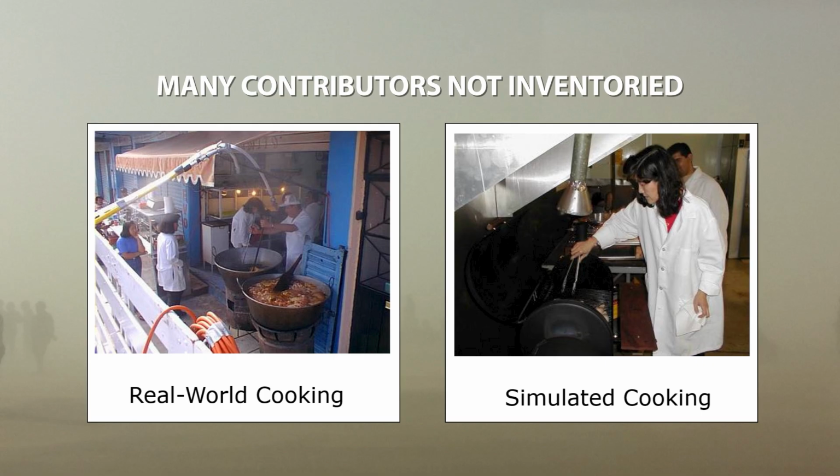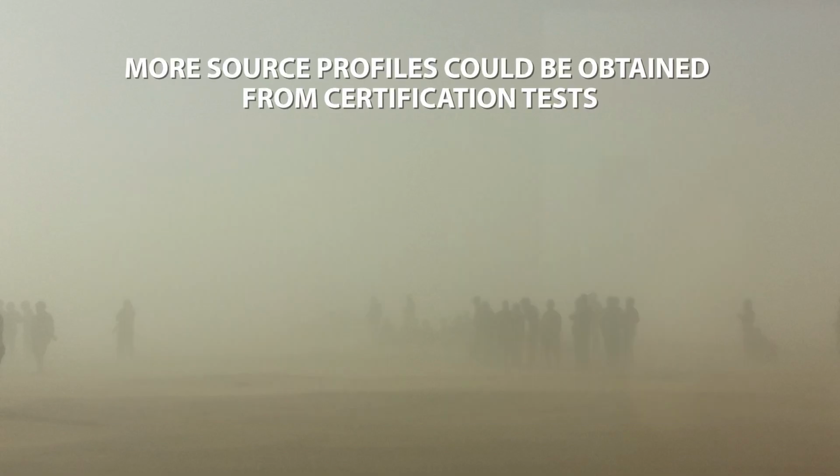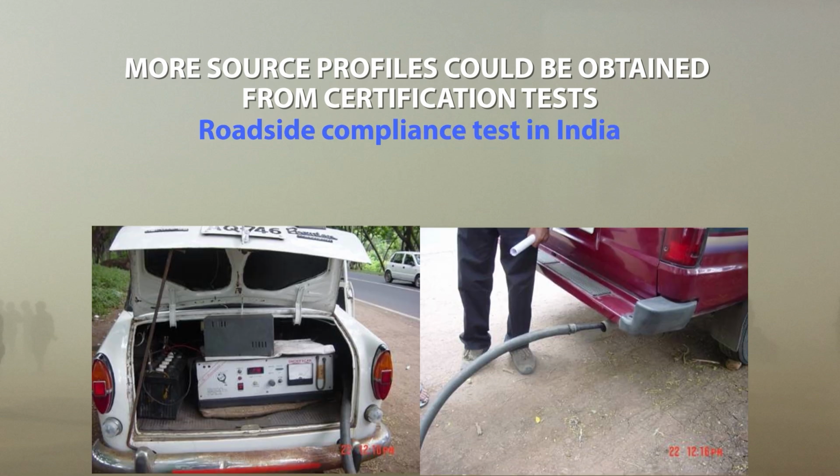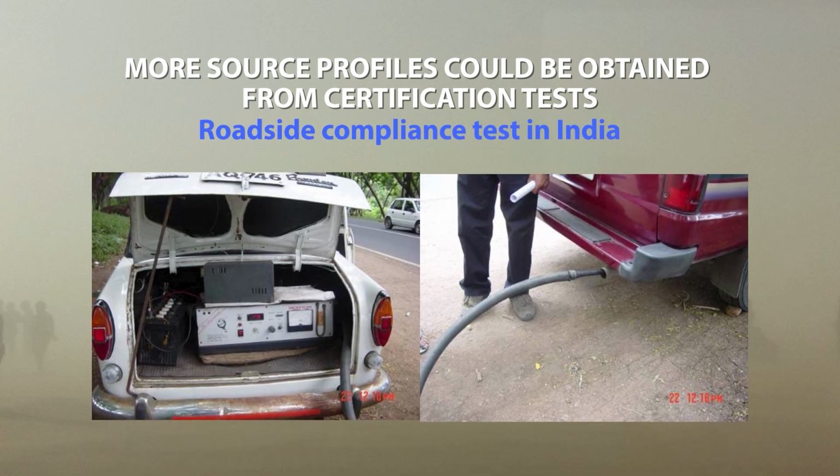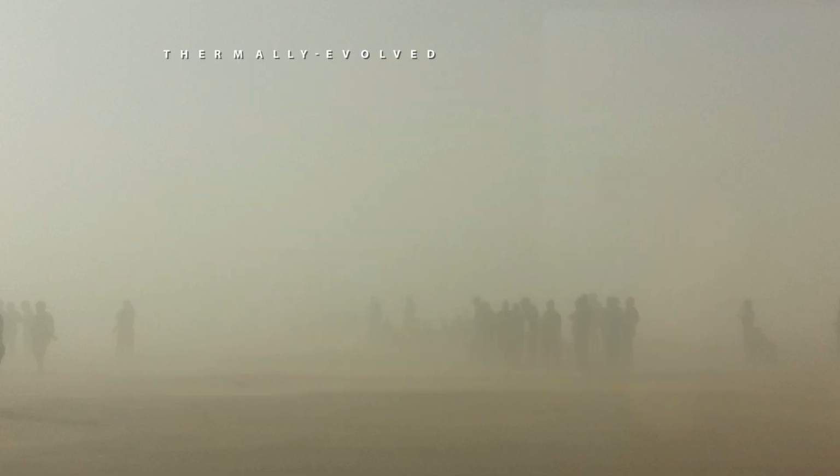So these are all actually inventoried, and these are used as a source profile. You can see the emission testing, and based on this can serve as an input parameter.